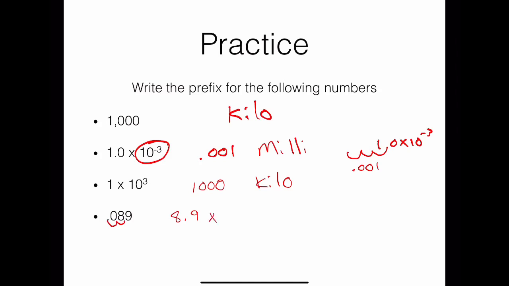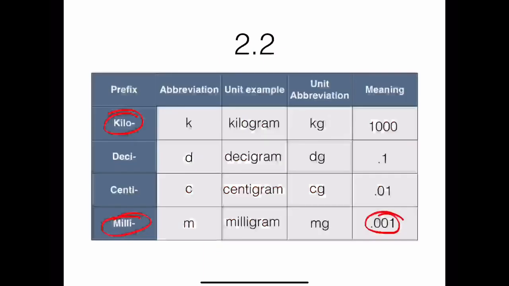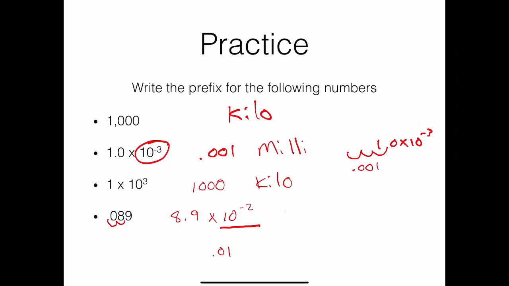So this number is 8.9 times 10 to the negative 2. So we want to recognize what this 10 to the negative 2 means. 10 to the negative 2 is 0.01. 0.01 from my table here is centi. So therefore my prefix is going to be centi.